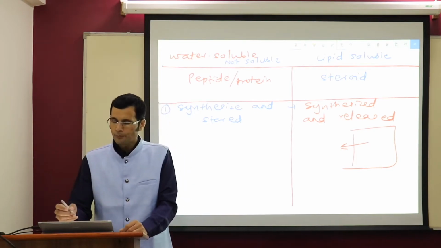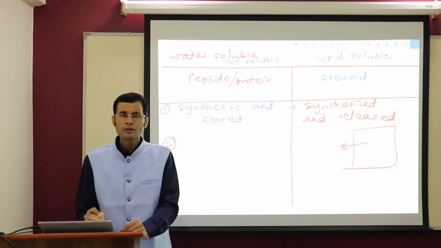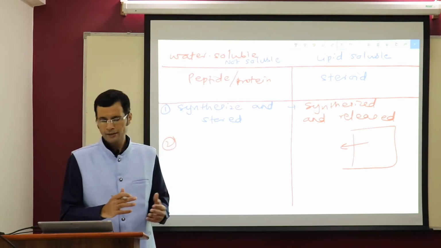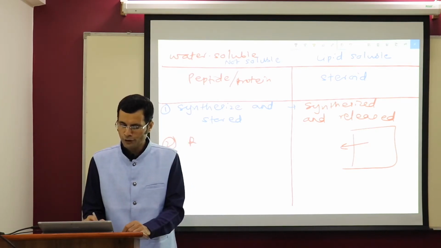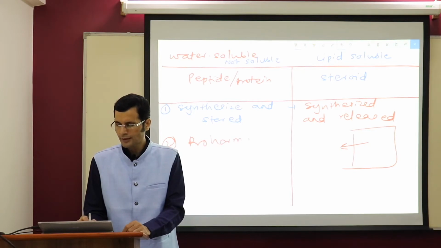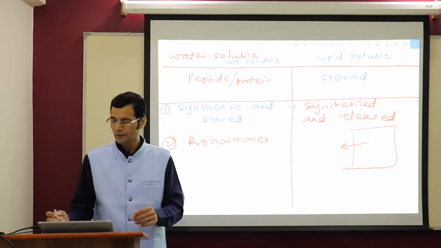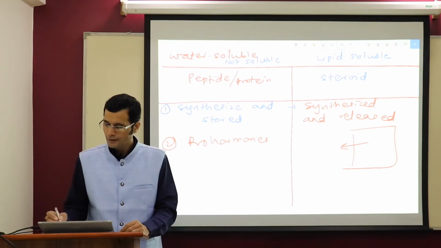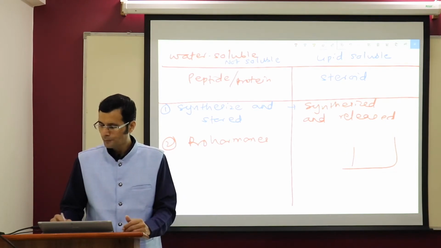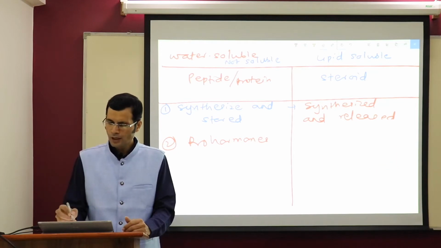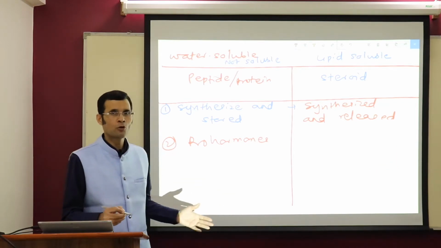Second difference is a minor one actually, but still needs to be understood: peptide or protein hormones are synthesized as prohormones or precursor hormones, whereas steroid hormones, generally speaking, are synthesized as active hormones.